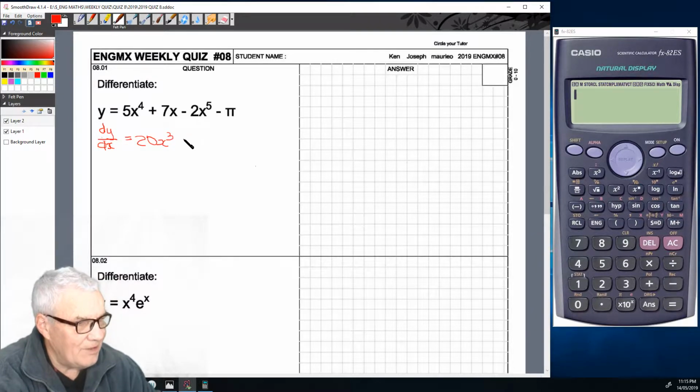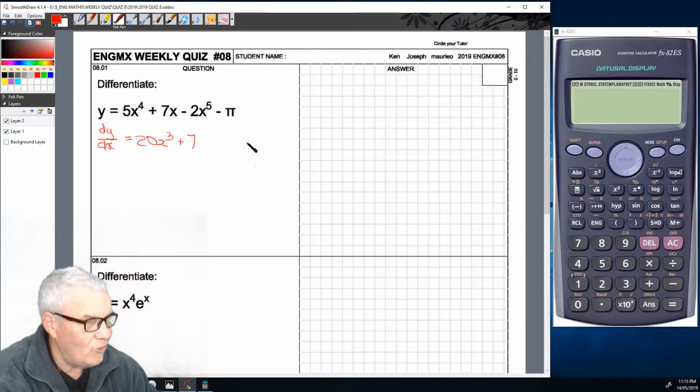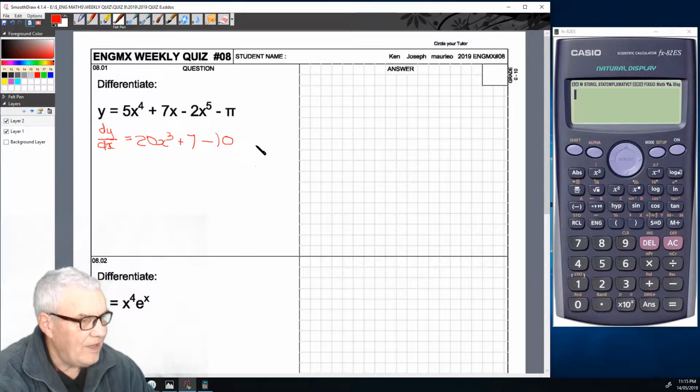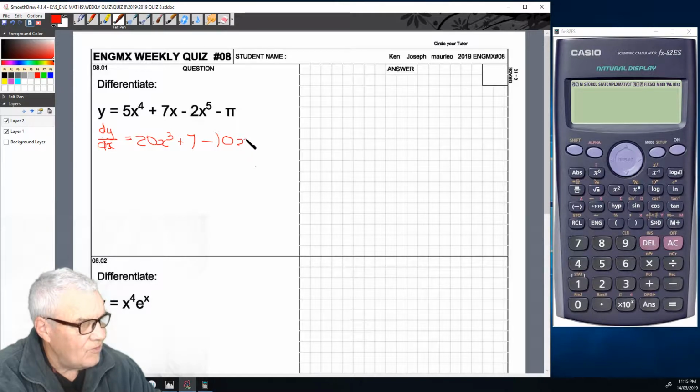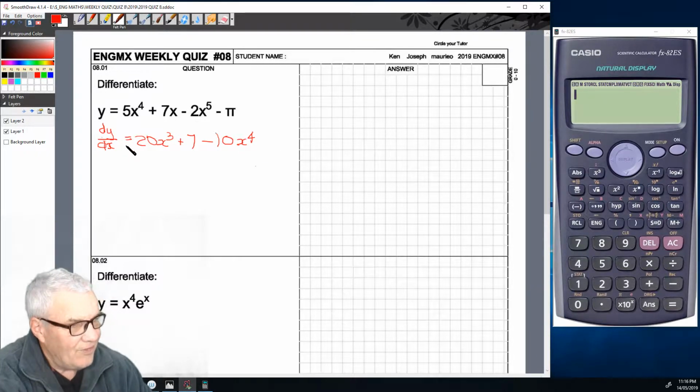Okay, that's done. Plus 7x differentiates to 7. The x just goes away. Minus 2 times 5 is 10, and x, drop it down 1, x to the power of 4. That's it.